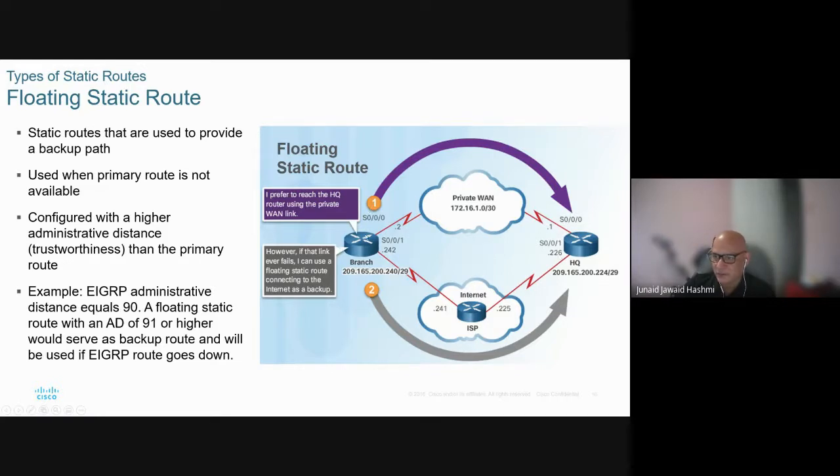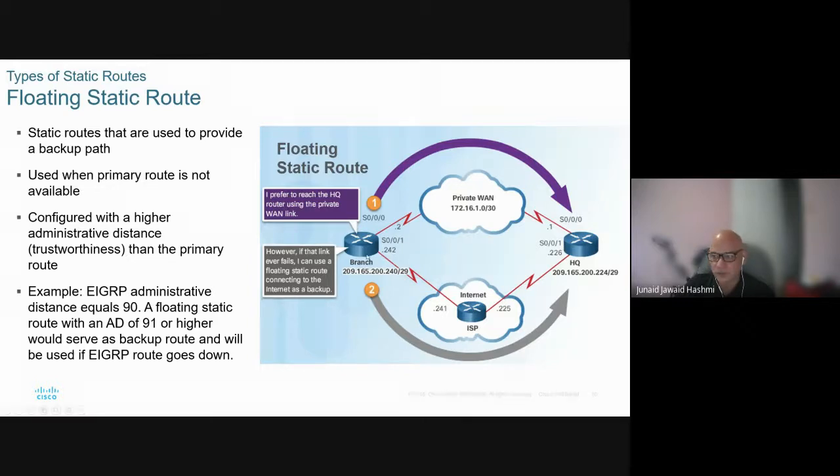One from S000 to S000, and the other one is using S001 to S000, to provide redundancy in case, because probably there are very important, maybe the database server is on a HQ, right? So the users in branch should always have an access to that database server. So in case one link goes down, the other link is still up.